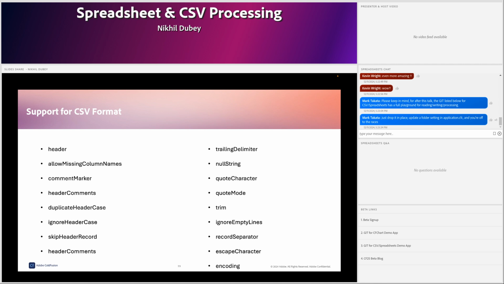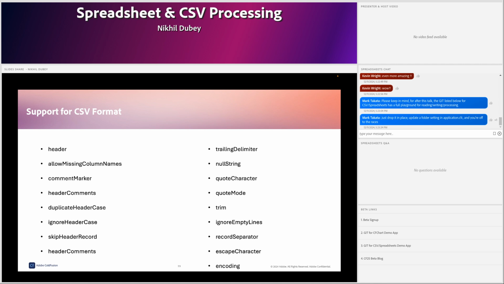So whether you want to allow missing column names in the header, whether you want to put comments along with the header in the CSV generation, or when reading, you want to ignore that comment. And while writing the CSV, you want to generate some comments.